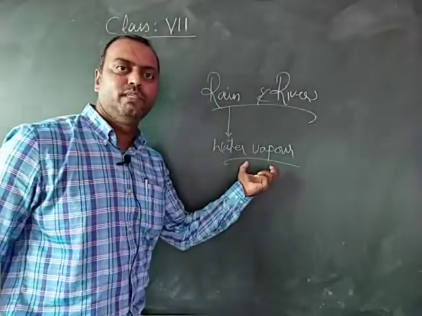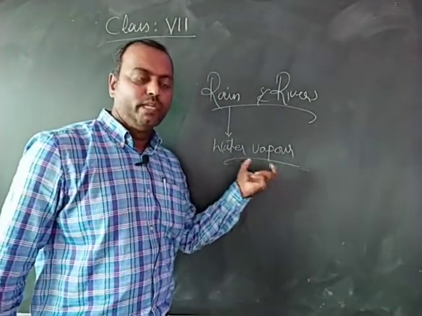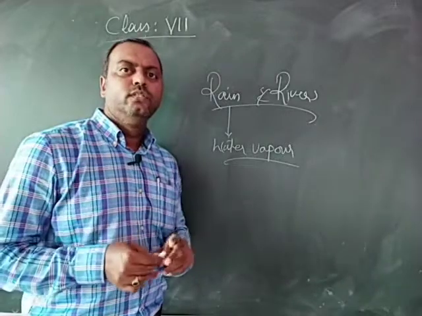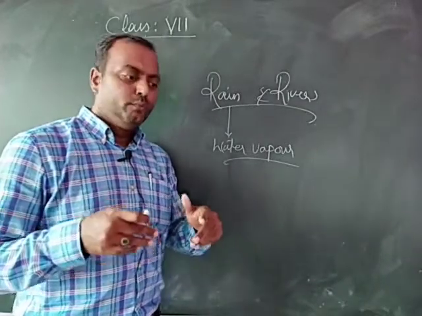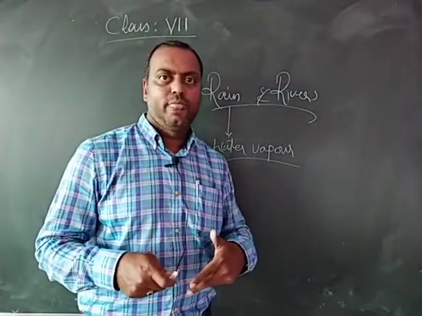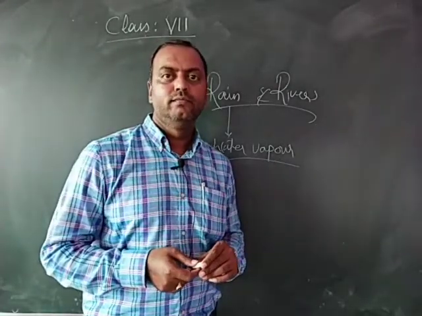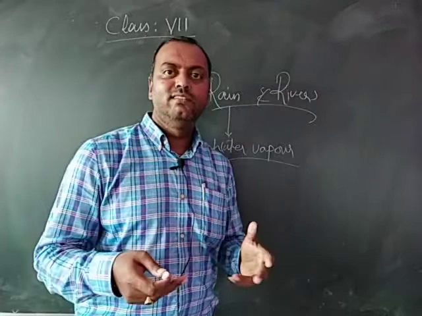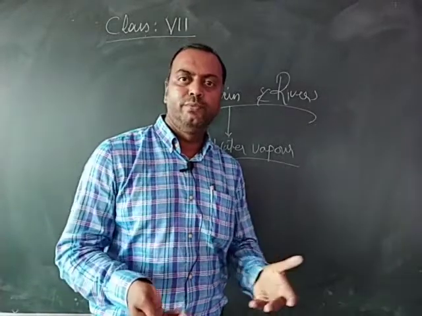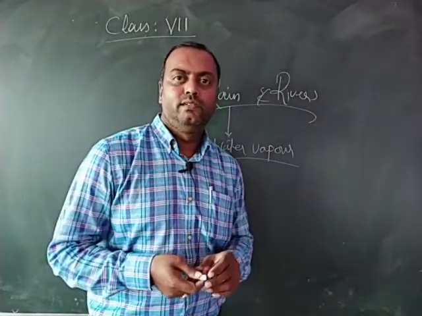What is water vapor? Water vapor means, if you put your wet clothes in an open area to get them dry, after some time you notice that the water in your clothes disappears and they get dried.